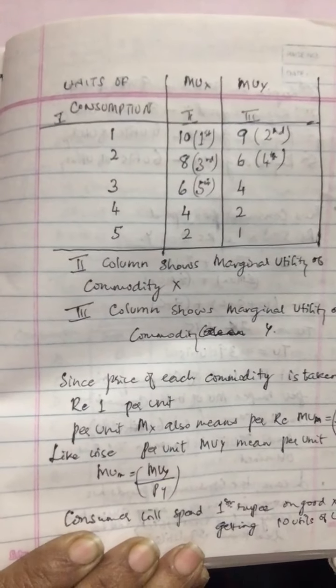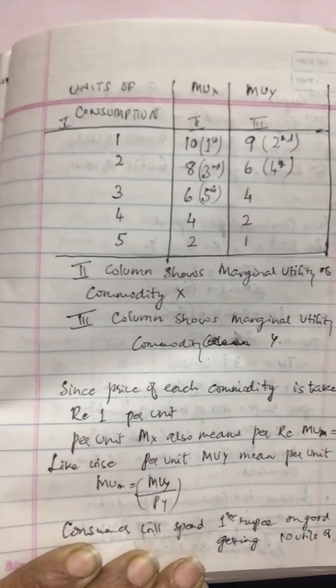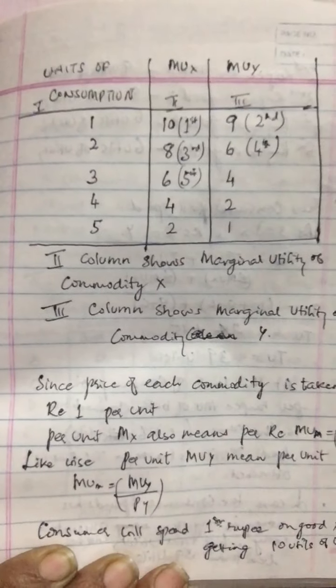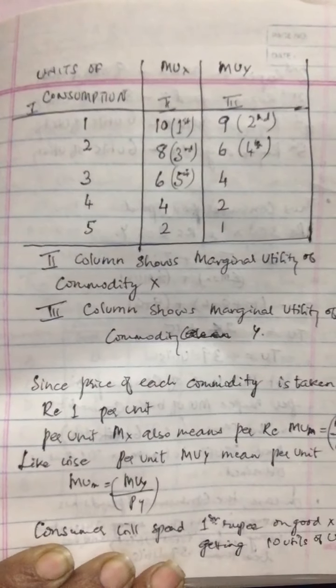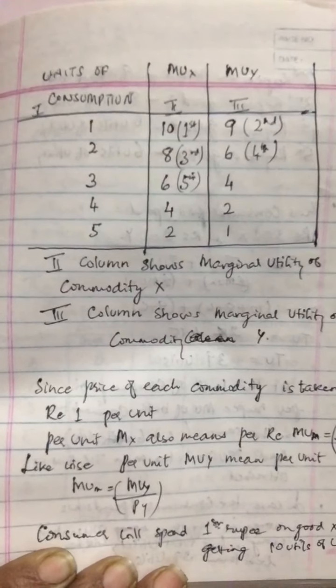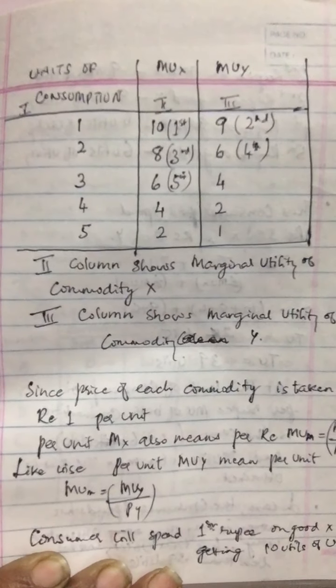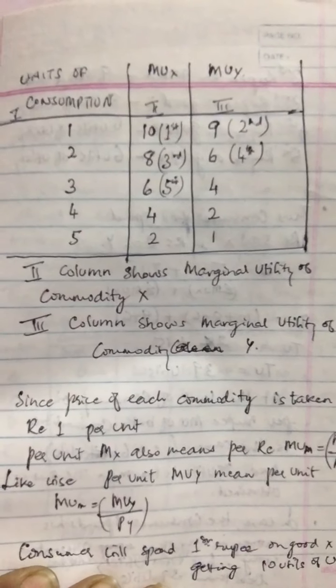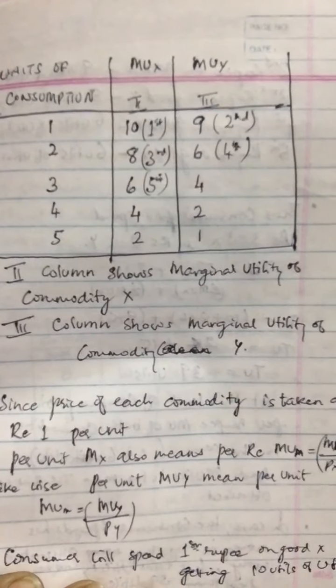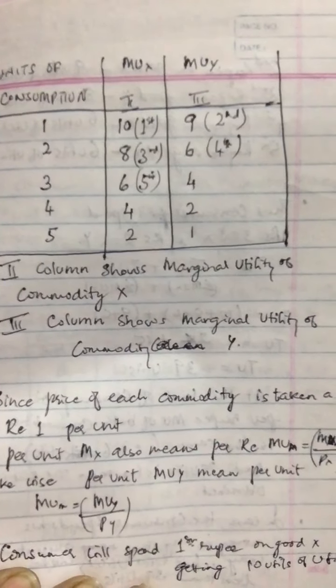You have three columns. In the first column, you have units of consumption. In the second column, you have marginal utility of commodity X, and in the third, you have marginal utility of commodity Y. We know the price of each good is rupee 1 per unit, and the consumer has 5 rupees to spend.